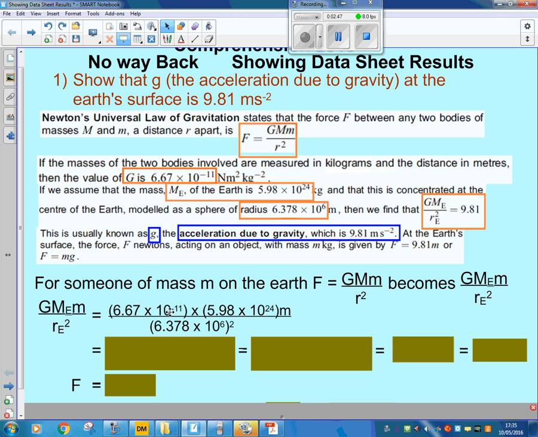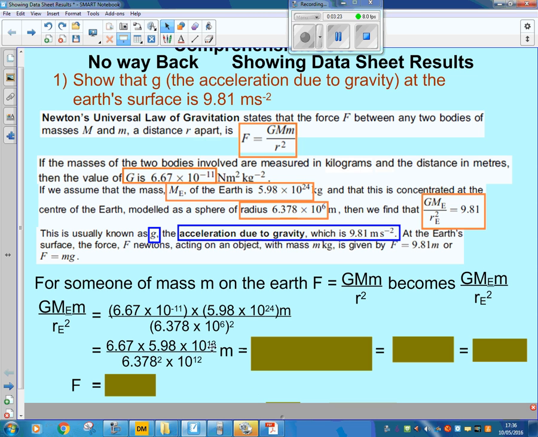And so, if you look at the top here, you'll see 10 to the minus 11, and we're multiplying by 10 to the 24. Now, using the rules of indices, you would add your minus 11 to your 24, and you'll get 10 to the 13. Also, down here, where we're squaring 6.378 times 10 to the 6, you will square the 6.378, and when you square the 10 to the 6, that's multiplying it by itself, and so 10 to the 6 times 10 to the 6, adding the indices, becomes 10 to the 12.